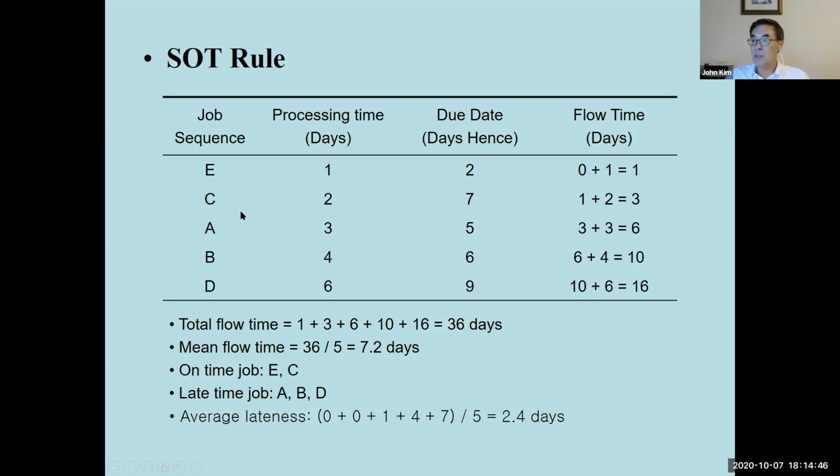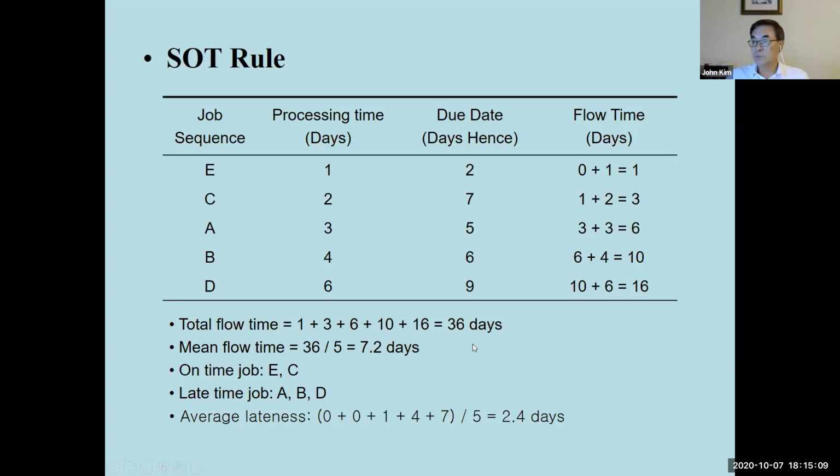On-time jobs E and C. This one meets the due date, and this one meets the due date, but this one is 1 day late, 4 days late, and 7 days late. So total lateness, and then divided by 5, average lateness is 2.5.